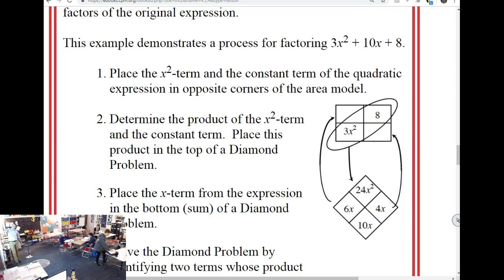Then we're trying to add to make 10. So I need to add somehow with these two to make 10, but multiply to make 24. Well, 6 and 4 will work to make the 10, and 6 and 4 will work to make the 24. So then it works out. That's where the diamond strategy is really useful if it's more complicated than just a 1x squared. Any coefficient on the x squared kind of messes stuff up.